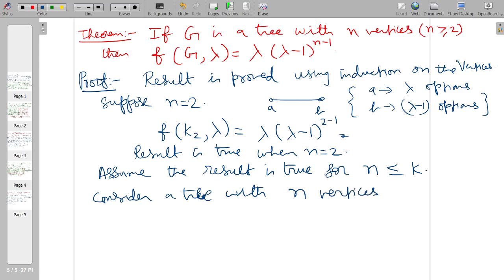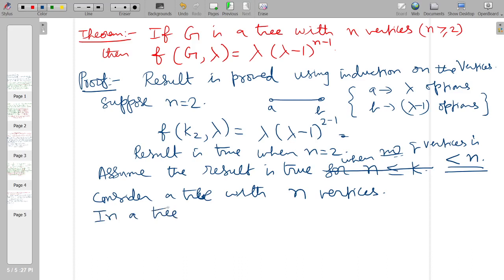Assume that the result is true when the number of vertices is less than n. Because this is less than n, you take a tree with n vertices.